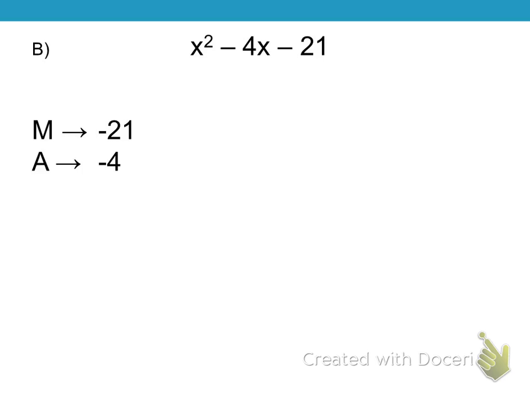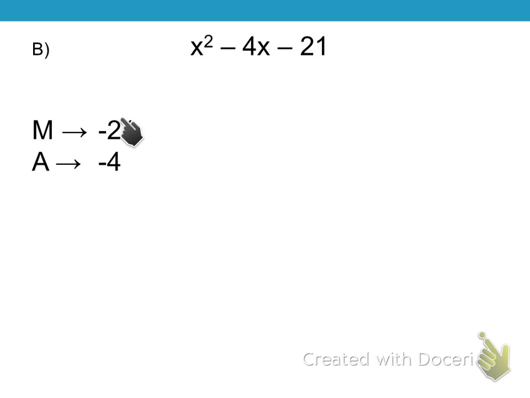Now, the ways to multiply and make a negative always involves 1 positive and 1 negative. When you have 1 positive and 1 negative, the larger number has to have this sign so that when you add them, you keep that sign. Okay?